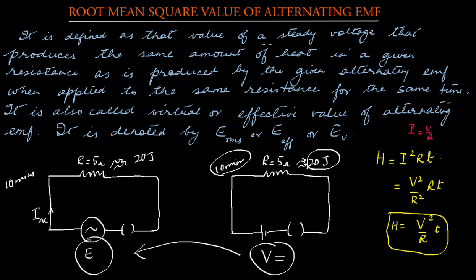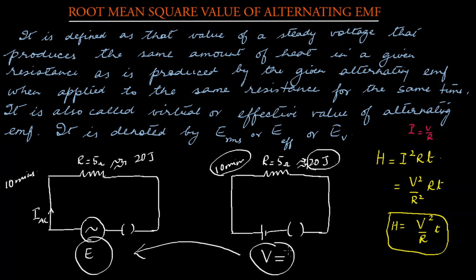It is defined as that value of steady voltage that produces the same amount of heat in a given resistance as is produced by the given alternating EMF when applied through the same resistance for the same time.